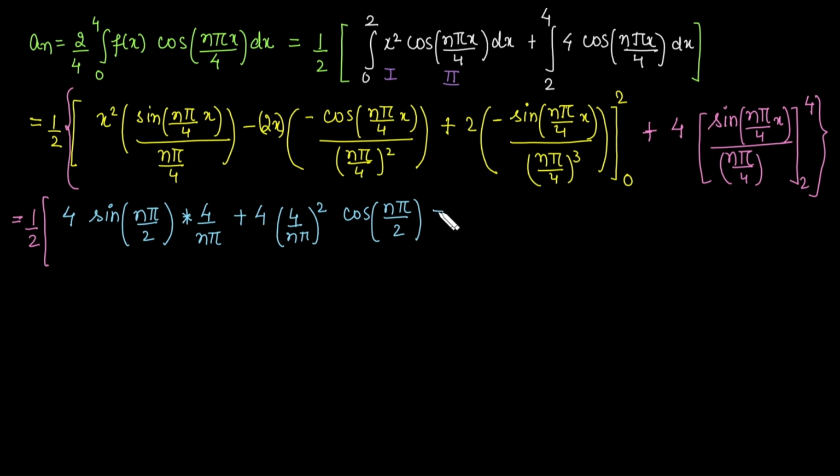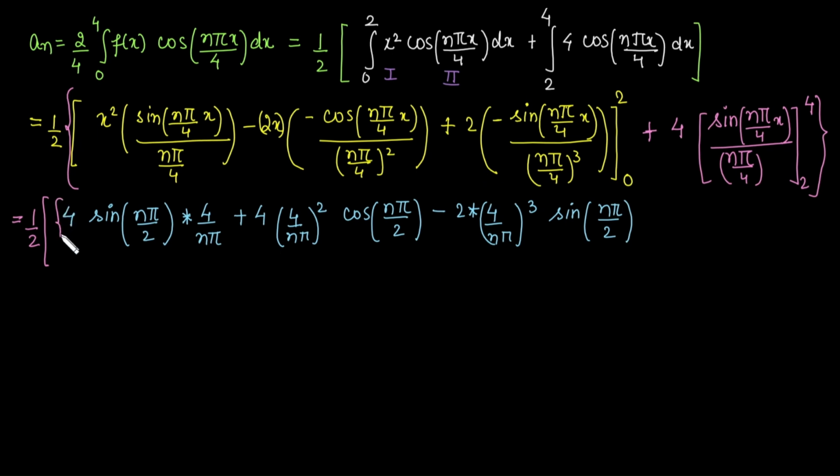Positive negative negative, twice of this term is written as 4 by n pi whole cube into sine of n pi by 2. That is the value at the upper limit.